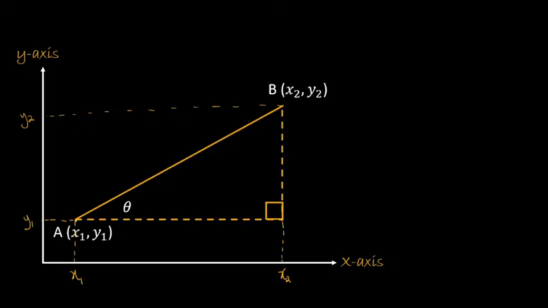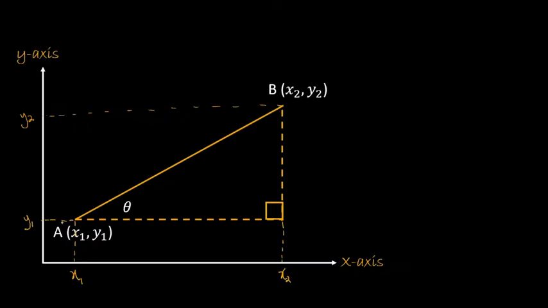So the distance on the x-axis, we need to know that. Then we know the distance on the y-axis as well. Then we use the Pythagoras theorem to find the distance from the point A and B. So let's look at how we do that. The distance from the point x1 to x2 over here will be the difference between the higher value of x, which is x2 over here, minus the lower value of x.